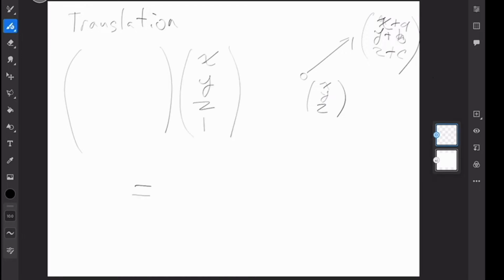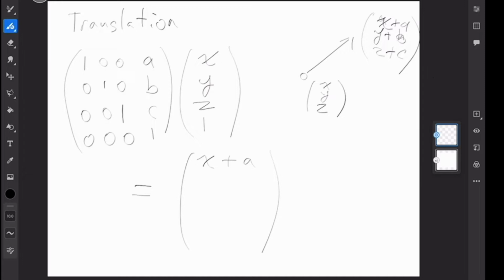We want our result to be x plus a, as described here. So what we'll do is we'll take 1 times x, 0 times y, 0 times z, plus a times 1. That's why that 1 is there, so that we can use matrix multiplication to include all sorts of transformations, including translation. And then we'll just continue.